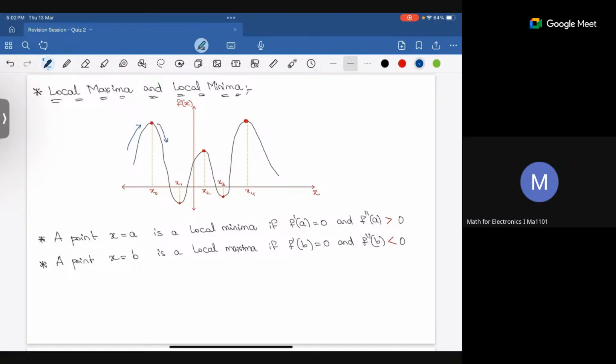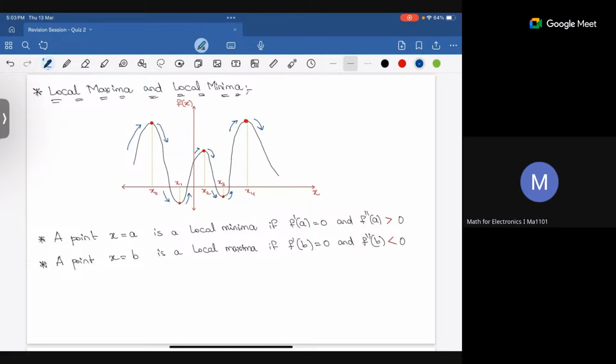So the increasing or decreasing property changes at that particular point. Similarly, at x1 it is decreasing and then increasing, so x1 is like a bottommost point. Here decreasing became increasing. Again, here increasing became decreasing. So these are special in that way.